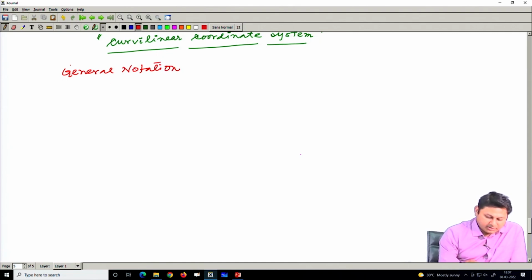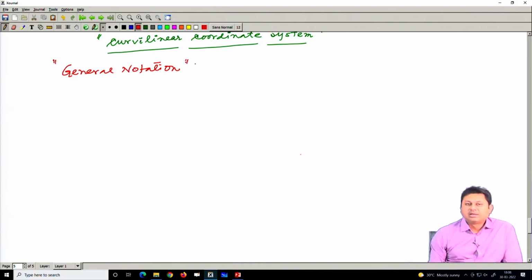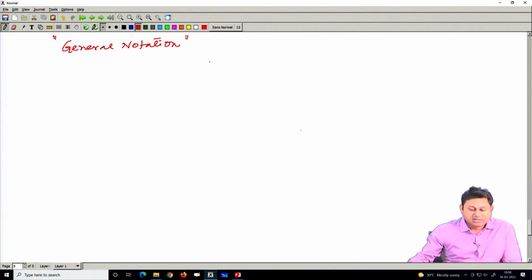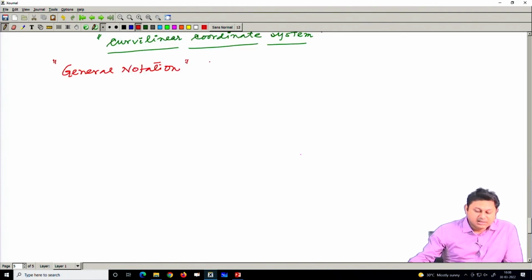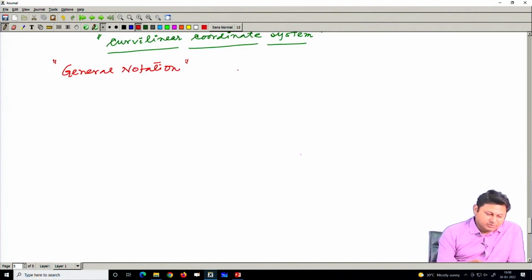I am not using the Cartesian coordinate system, the cylindrical coordinate system, or the spherical polar coordinate system. This is a general coordinate system, and it demands a general notation. The three coordinates we write as u1, u2, u3, like x, y, z.